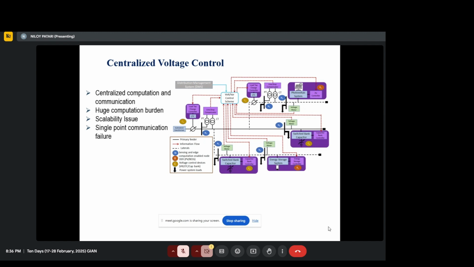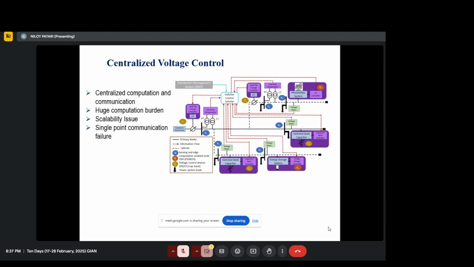So basically it's centralized computation and communication, a huge computation burden. The computation burden is huge because suppose you have a 1000 node distribution feeder, and you have this huge amount of measurements, and the control set points that you have to solve for may be in the 200s or 300s, right?